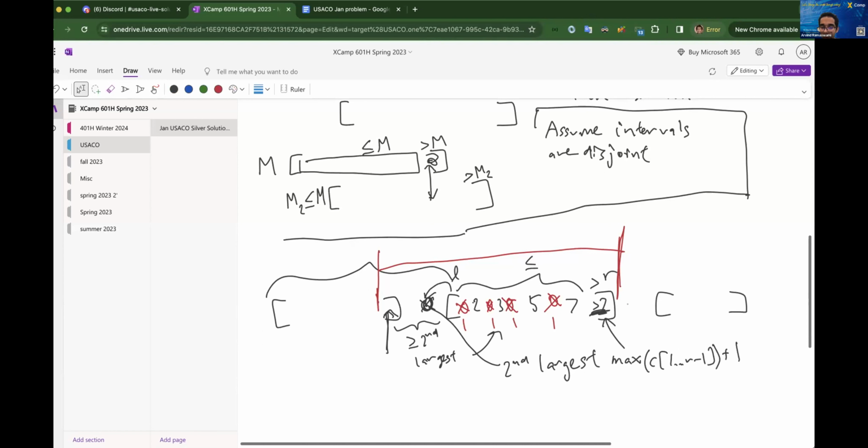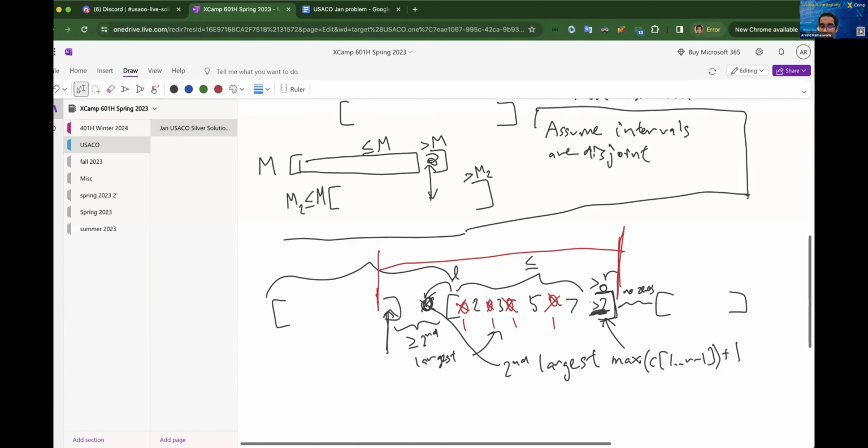But if there's no zeros here, and we're processing the next interval, and we want to replace a 0 to the left with a second maximum, we also consider this as a candidate for the 0. And if this is not as large as the second maximum, then you can consider this as a candidate to increment to the second largest.